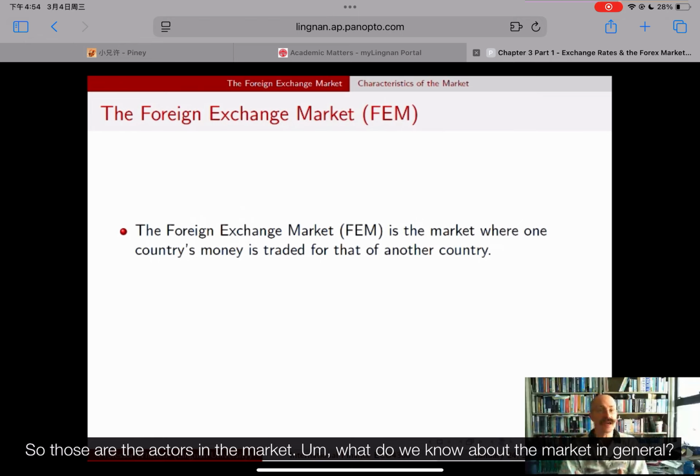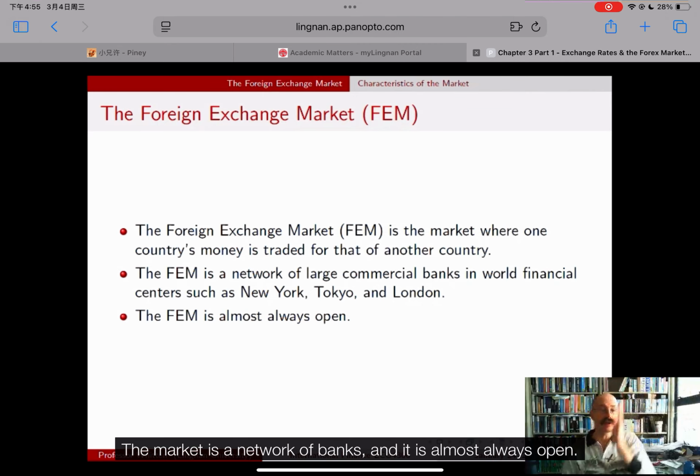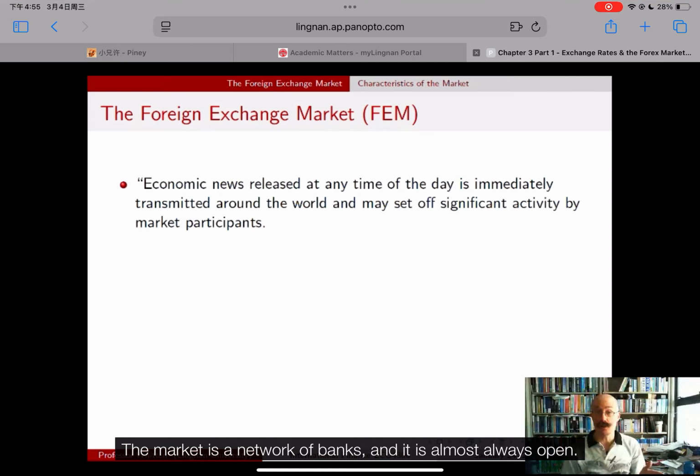So those are the actors in the market. What do we know about the market in general? Well, the market is not a specific location like the Futai wet market. The market is a network of banks, and it is almost always open.